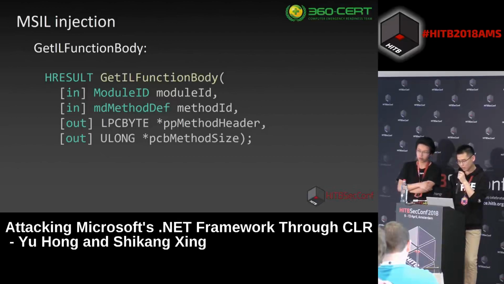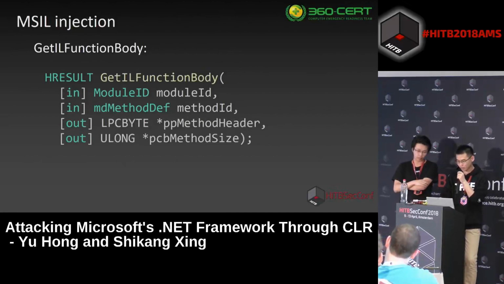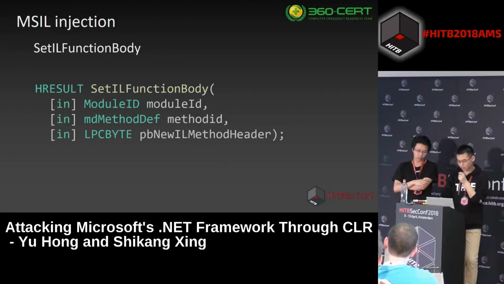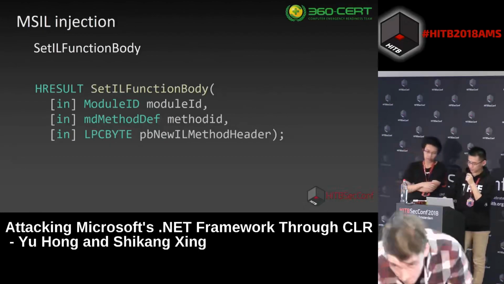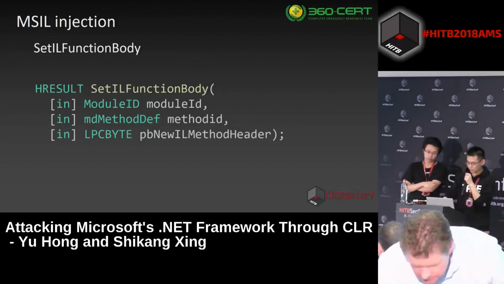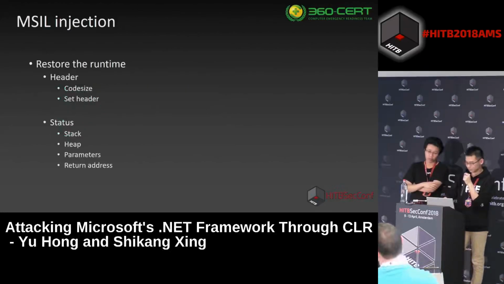There are two parameters, module ID and method ID, and it will return a pointer. The second function is SetILFunctionBody. The first function is in order to get the structure of the IL function, and the second is to modify the IL function.